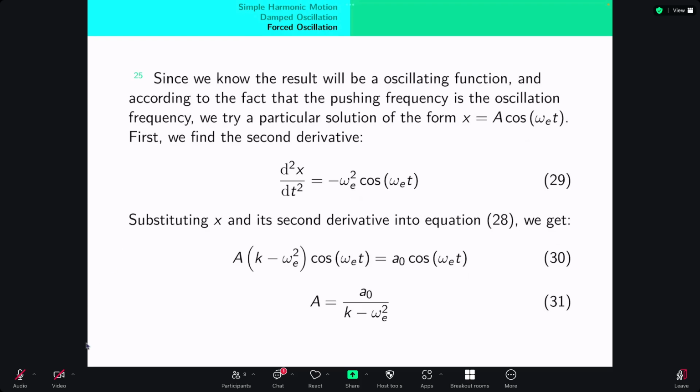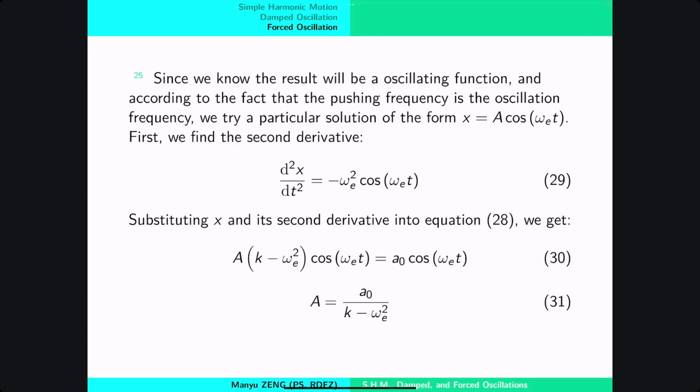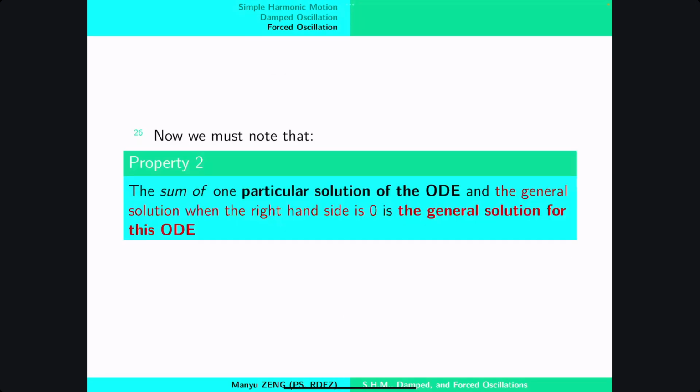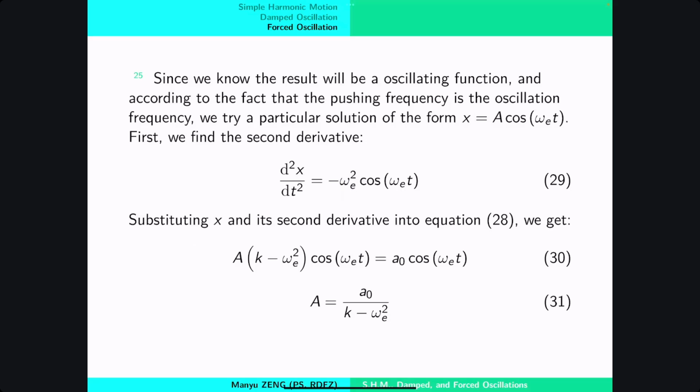When k equals omega e squared, the denominator becomes zero. We better explain why, because a will be infinity, right? But we will worry about that later.